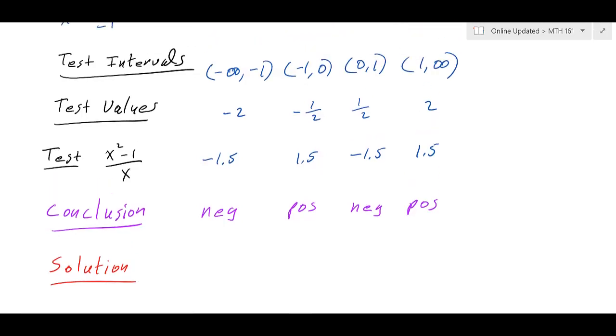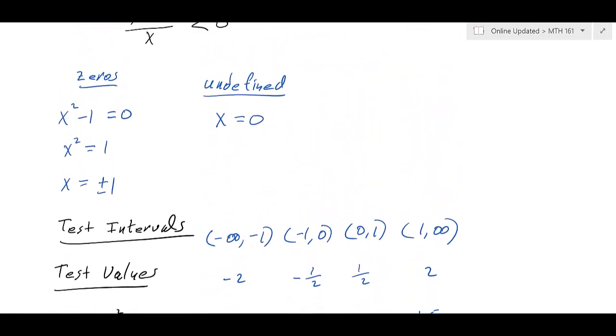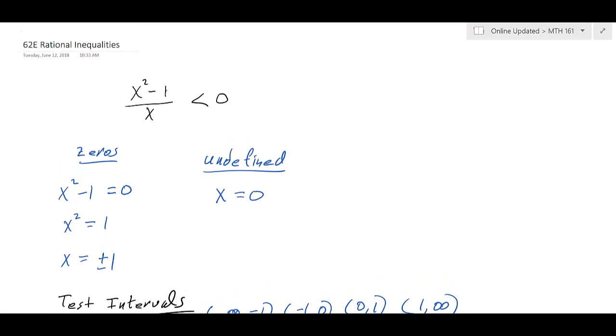In order to find our solution, we need to look at the inequality carefully. x squared minus 1 over x, when is this less than 0? It's strictly less than 0, so it cannot be equal to 0.